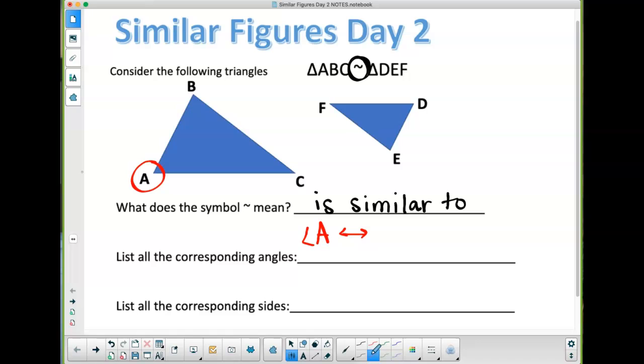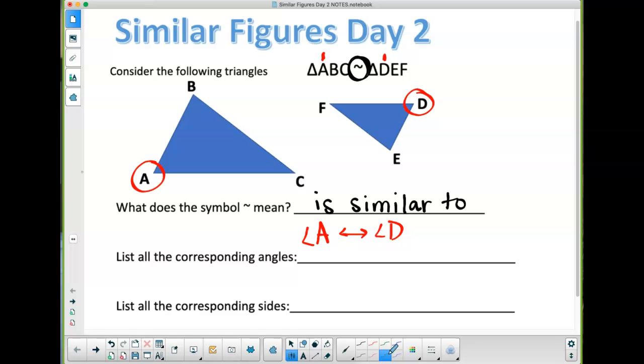Angle A matches up with what? Jada? D. Absolutely. And another way to tell is how they're listed. A came first, D came first. So angle A and angle D match up. They are corresponding. Give me another set of corresponding angles.